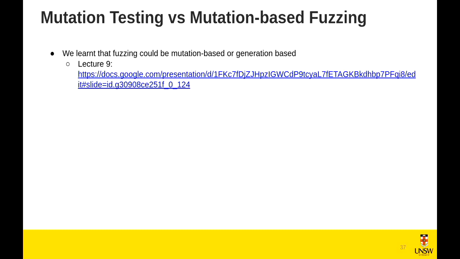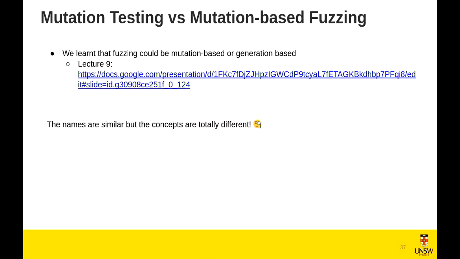And I hope you can still remember what a generation-based fuzzer is. Many people, even if they have worked for many years or have been in academia for many years, may mix up the concepts of mutation-based testing and mutation testing. The names are similar, but the concepts are totally different.